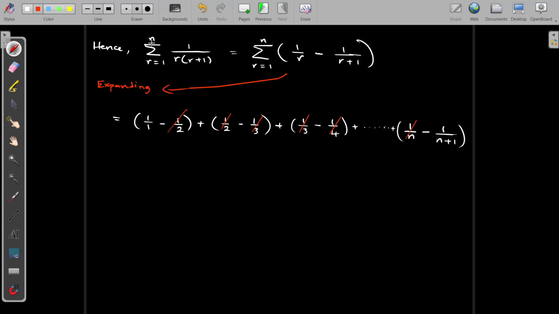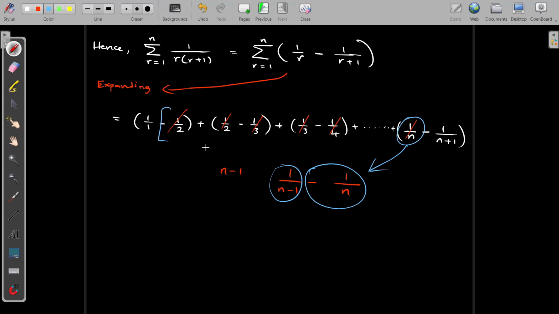So the term before n would be n minus 1, right? If we were supposed to substitute it here, we would get 1 over n minus 1 minus 1 over n. And you realize that this is a negative, so it will cancel this right here. And then the pattern will just continue all the way until everything in between cancels out.